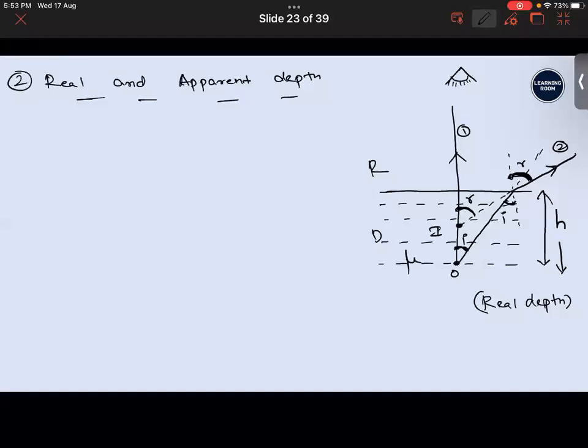So if I take the refractive index of denser medium as mu and the refractive index of rarer as 1, then I will have mu into sin I is equal to 1 into sin R. So let this be equation number 1.